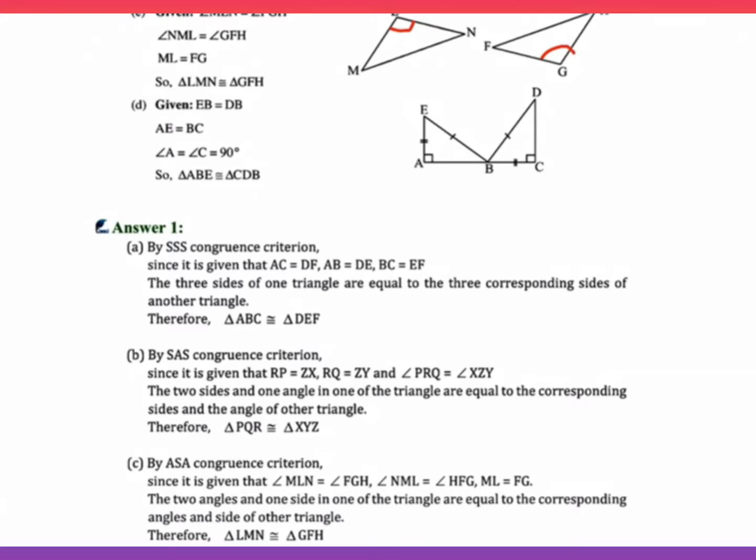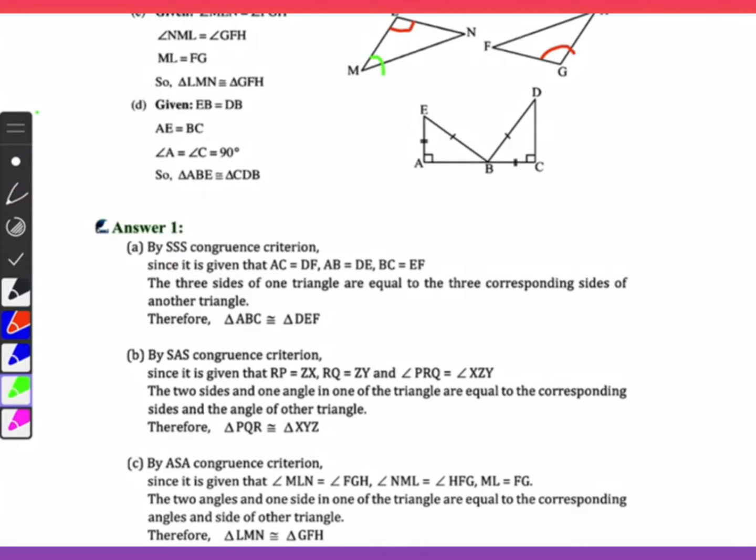After that you can observe here, ML equal to FG. ML means this one side equal to FG, this one side, and then angle M just equal to angle F. Angle M means this angle is also equal, angle M just equal to angle F.